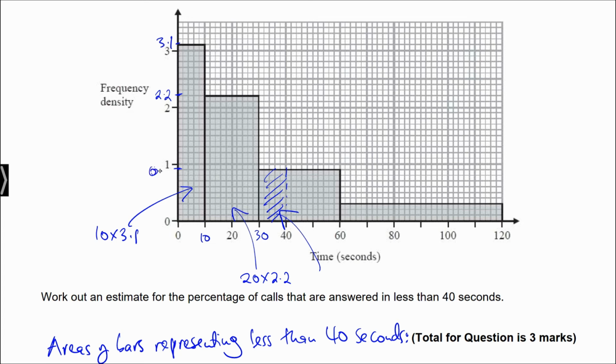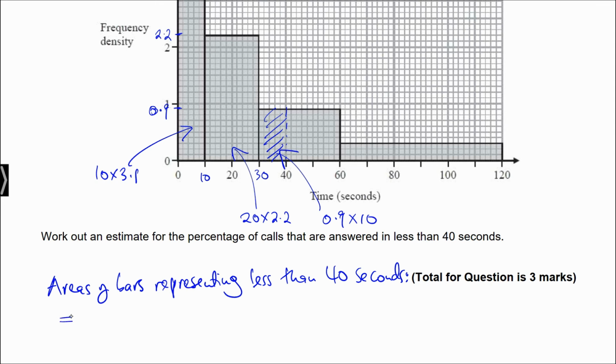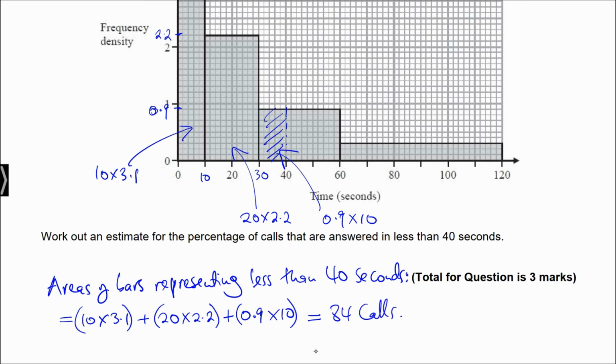So basically the area of this portion will be 0.9 multiplied by 10. All right, so this will be equal to 10 multiplied by 3.1 plus 20 multiplied by 2.2 plus 0.9 multiplied by 10. And all this will be equal to 84 calls, because you're looking at percentage of calls.